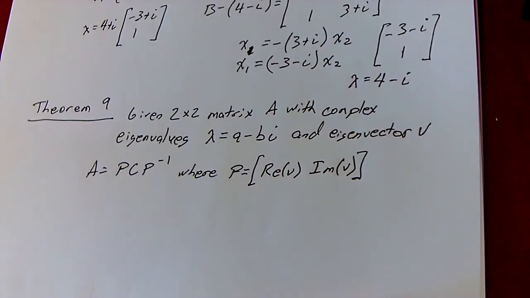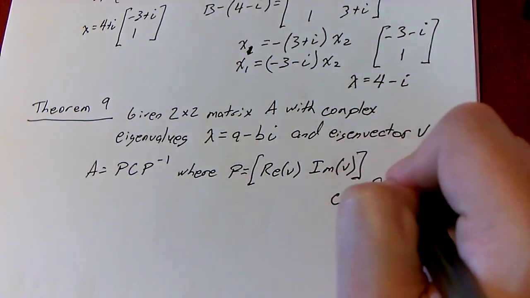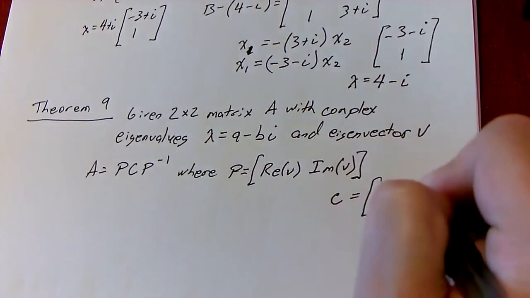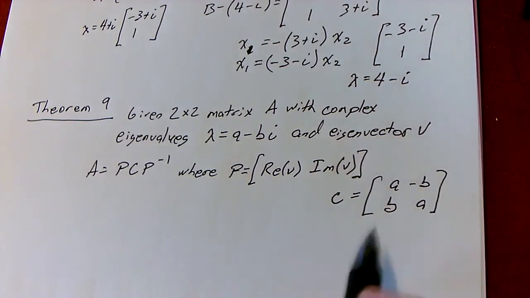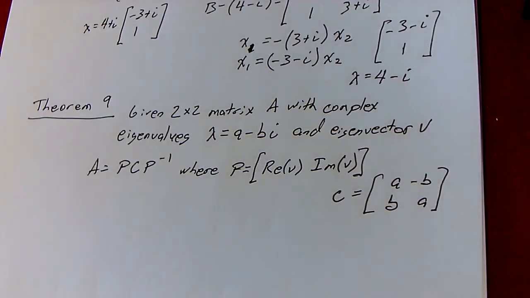That's the complex eigenvector. Okay, and C is going to be equal to a, minus b, b, a. Okay, remember a and b are your eigenvalue here. Okay, a minus bi. Okay.